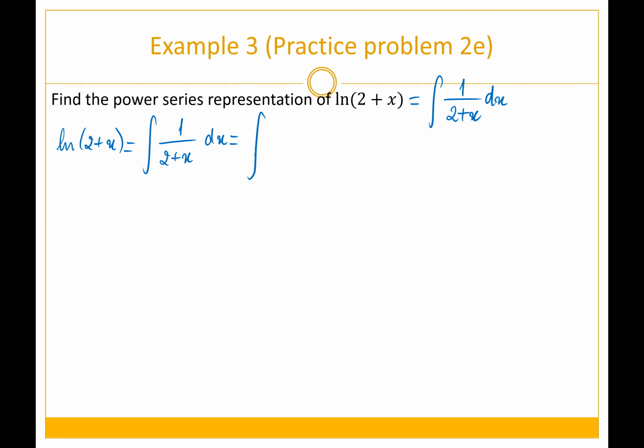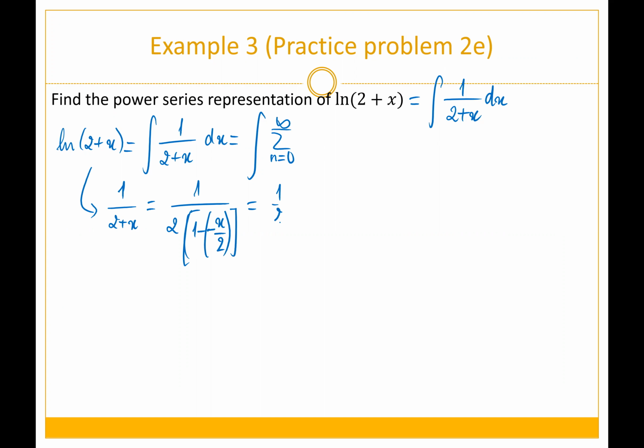And then what is the representation of this one? It's going to be the series from n equals 0 of... so we have 1 over 2 plus x is 1 over, take the 2 out, 2 times 1 minus minus x over 2.